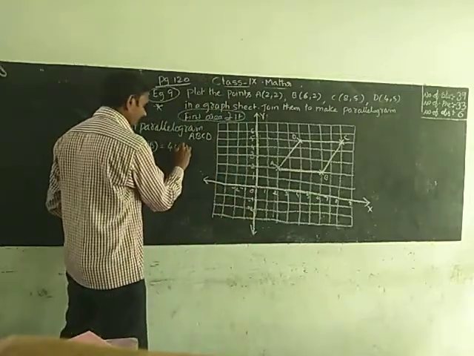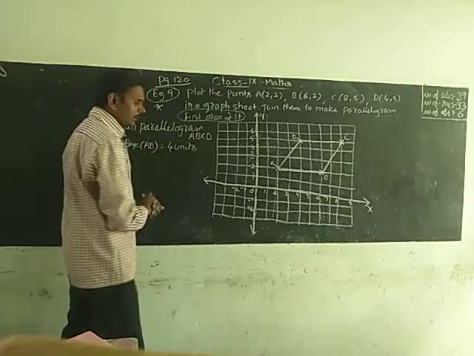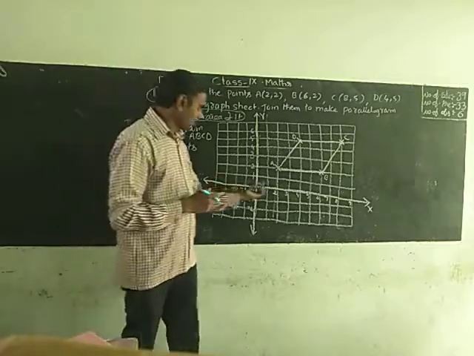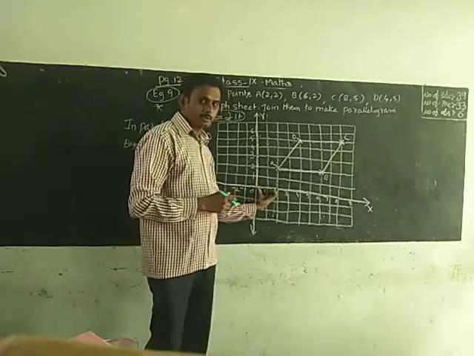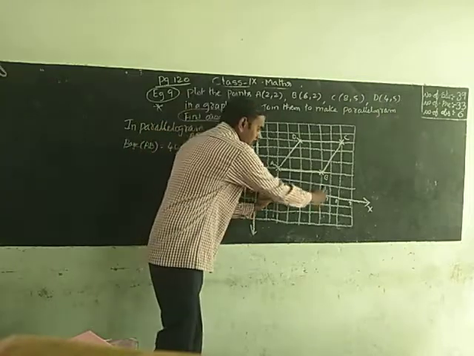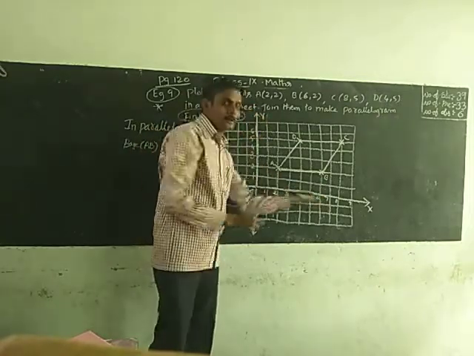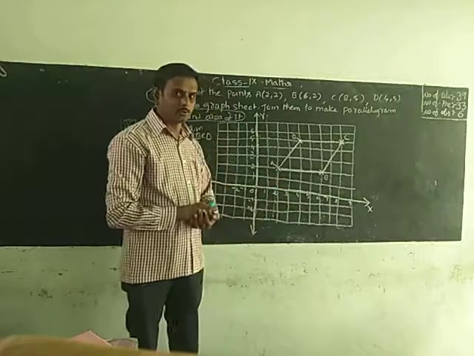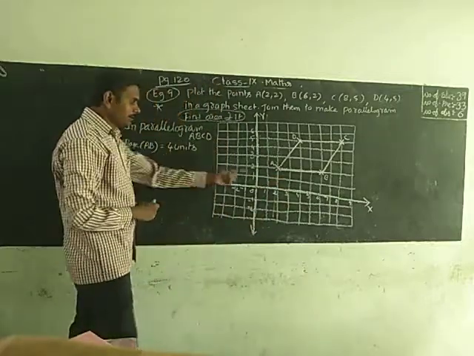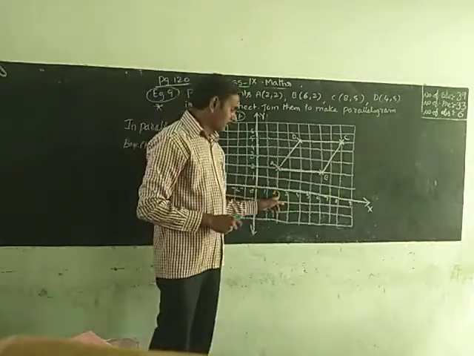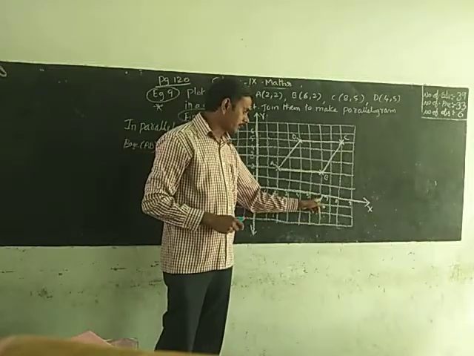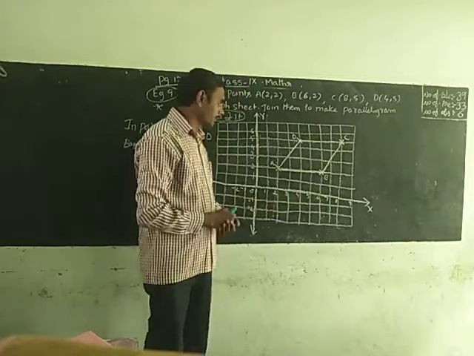Also, A is located at 2 units and B is located at 6 units. Subtract these two: 6 minus 2, 4. Like that also we can count.